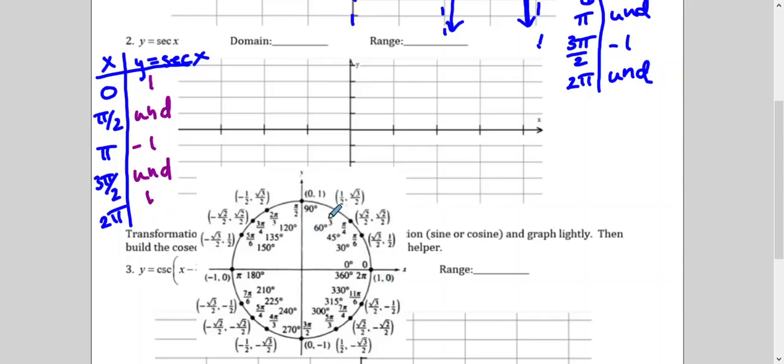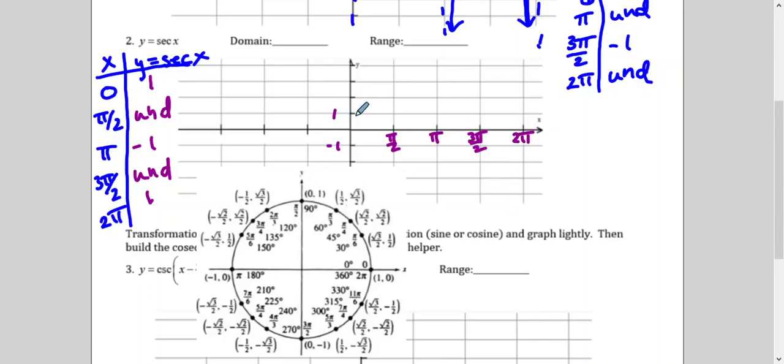So you're going to see something similar to when you graphed the cosecant. Again, I'm going to label my axes, negative 1 and 1, 0, pi over 2, pi, 3 pi over 2, and 2 pi.